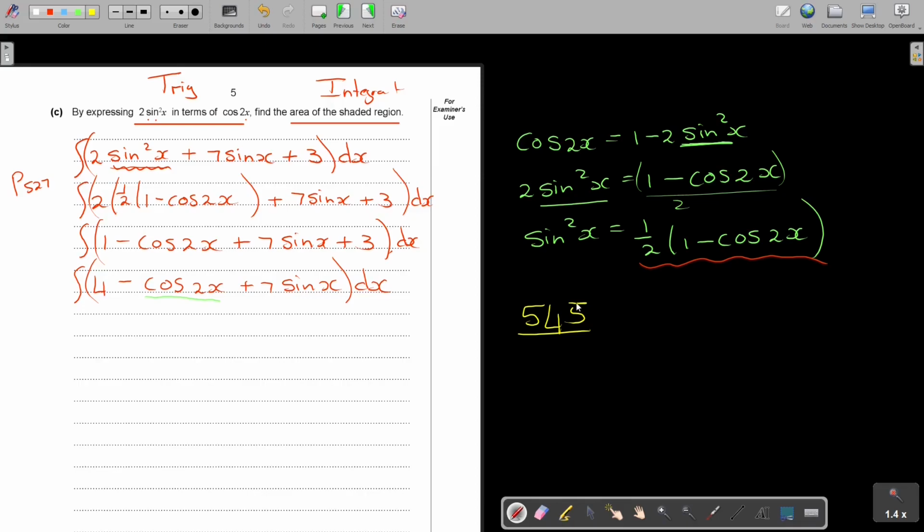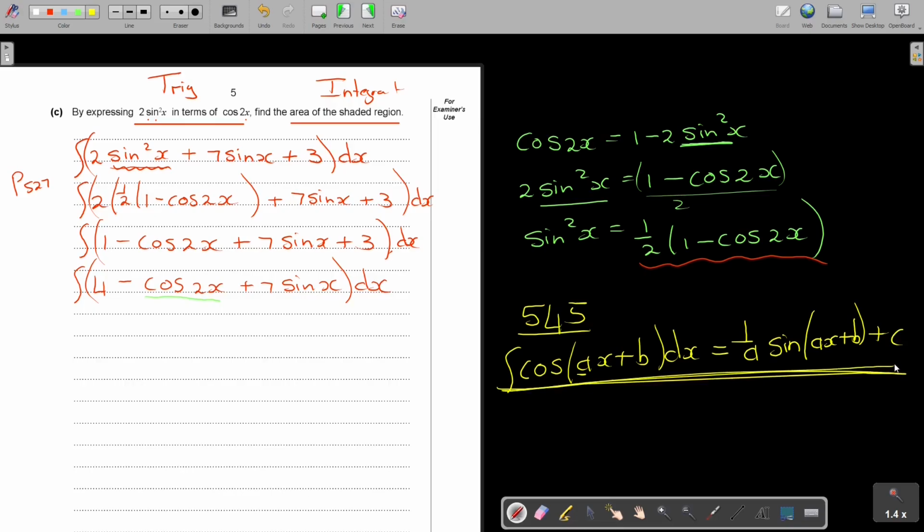So they will tell you that cos will become sin. But in my summary sheet, I made it easier for you. If you have cos of ax plus b, and you integrate it, it's 1 over a sin of the bracket as it is, ax plus b, plus c. So in the formula sheet, you will not see the extra, but in my book, you will see that little bit extra step on page 545.